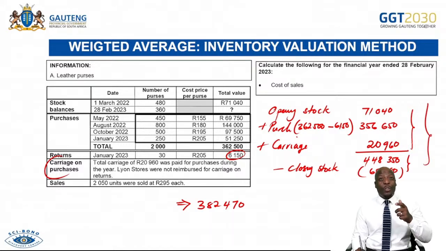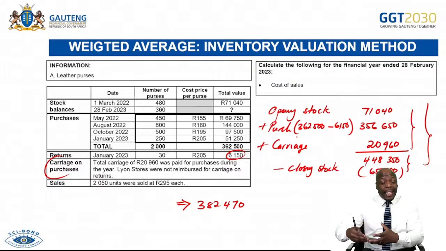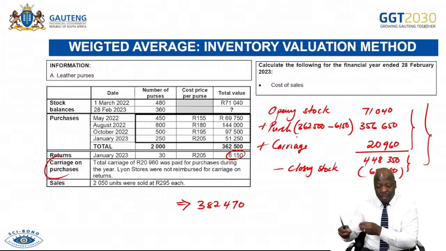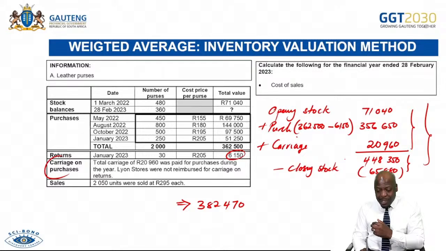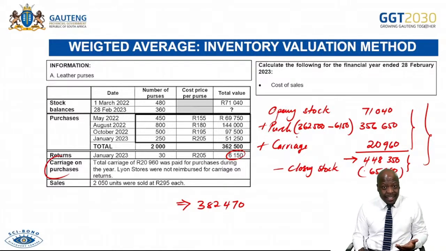The shorter way was to say, if the examiner asked me to calculate the value of closing stock using the weighted average, I will certainly have to calculate this amount along the way. I think you remember from grade 11, we used to call it the cost of goods available for sale. So I'm going to calculate this along the way in any case.